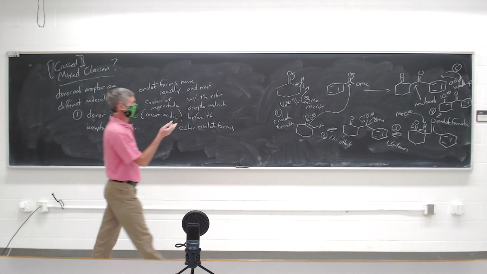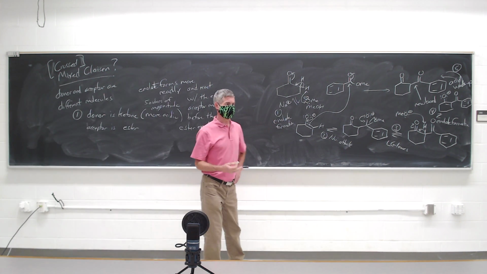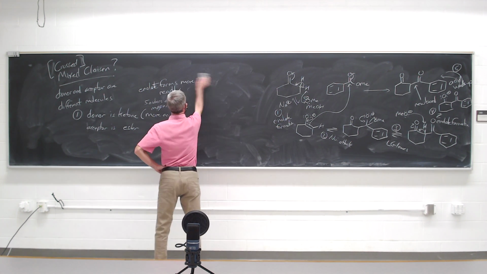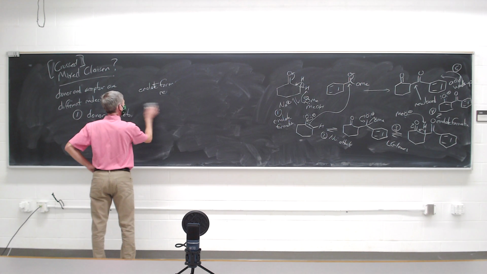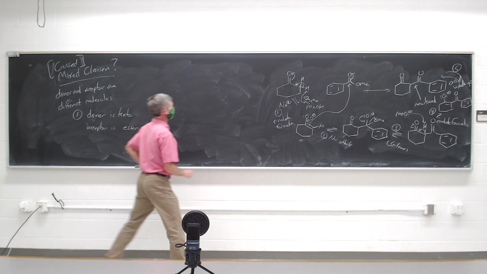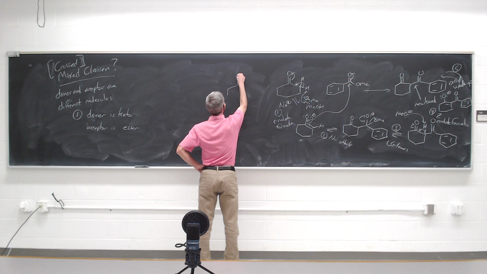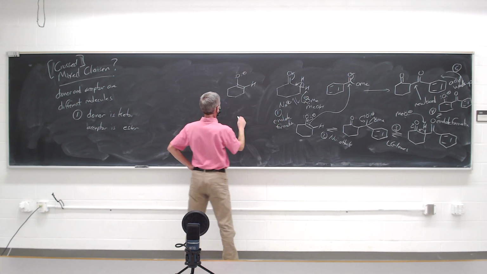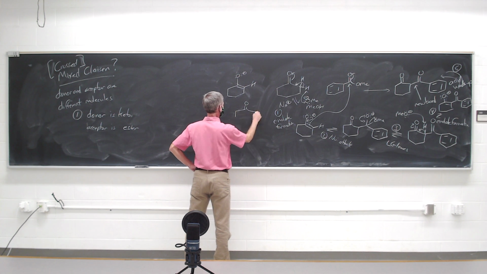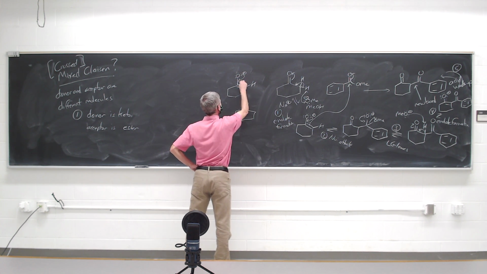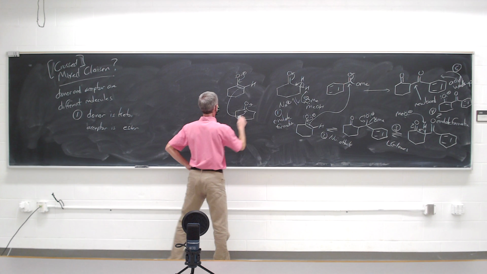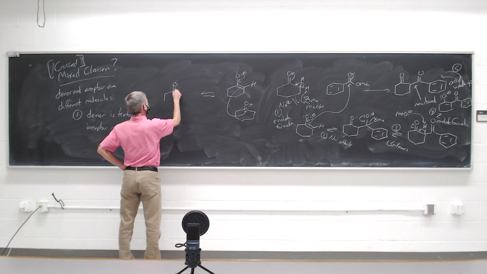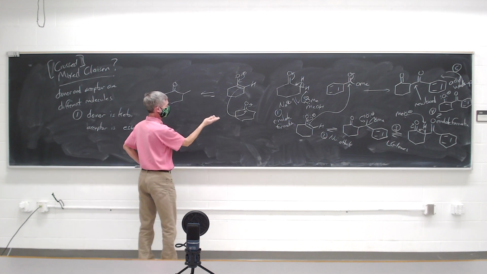So when you have a ketone as your donor and an ester as your acceptor, the other reaction that ketone would be doing looks like this. The enolate of the ketone attacks itself. Forms a new CC bond.